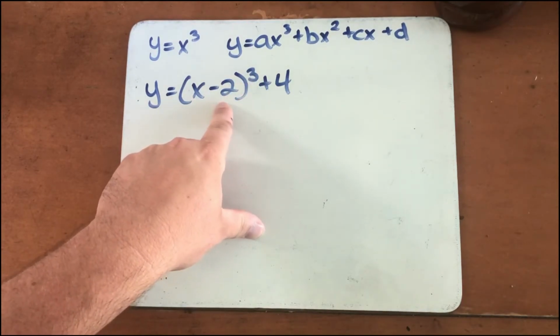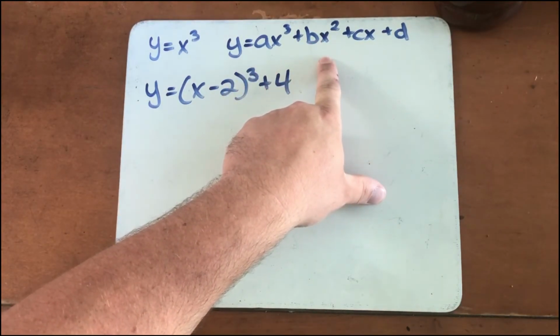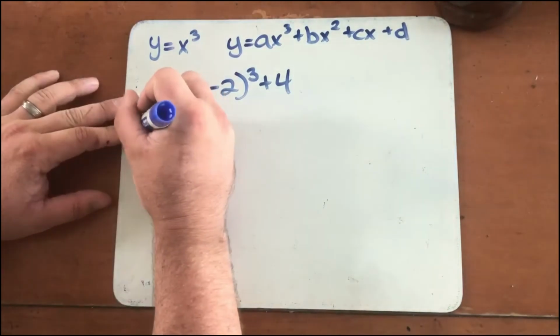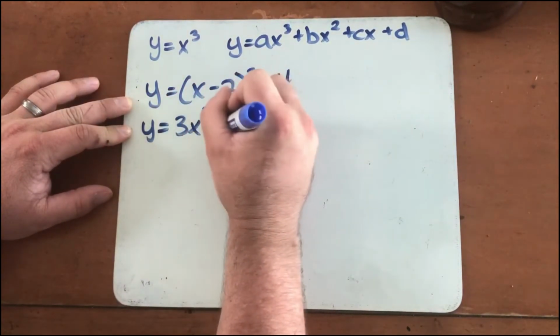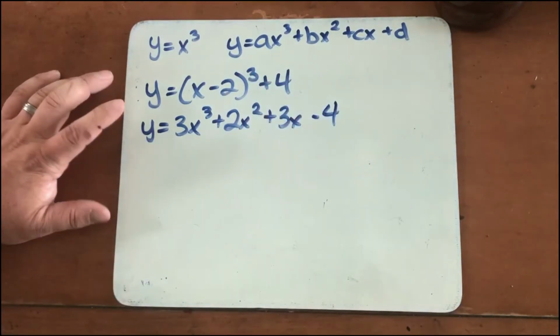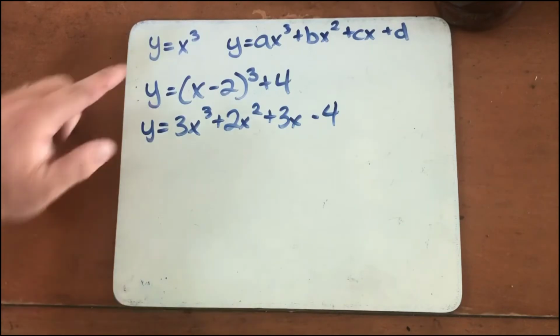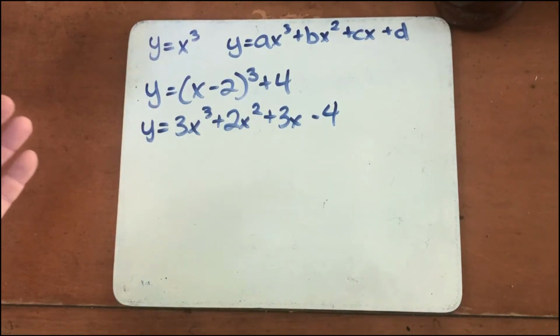So if I were to multiply this out, it would give me the standard form of a cubic. All right, so these are two examples of how it could be presented. Both of these are representations of this parent function that has been shifted in some form or fashion.